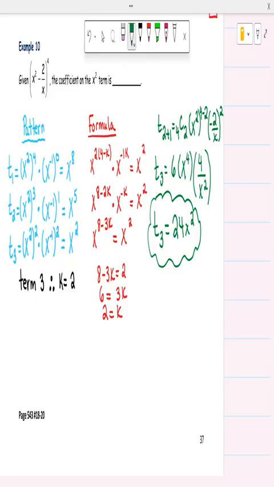So if you can get to 24x squared, you've done the hardest type one I can give you.